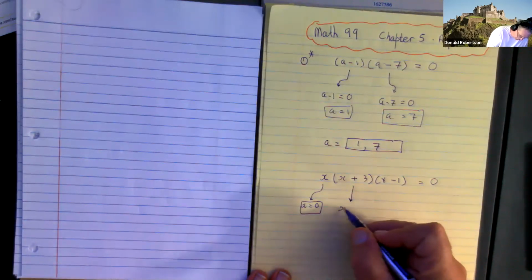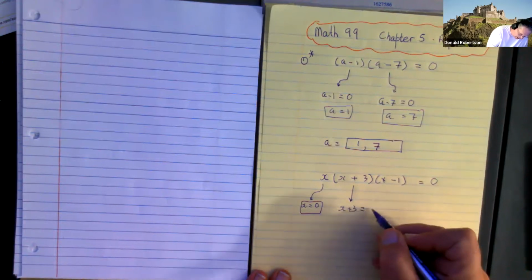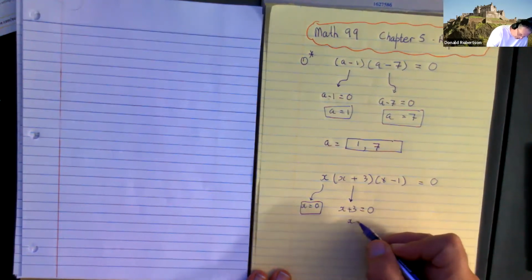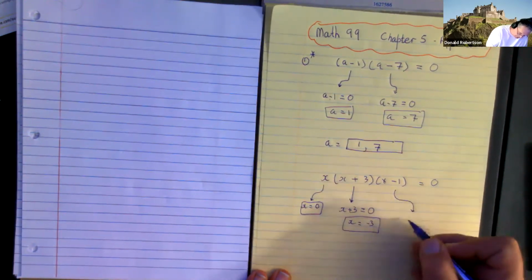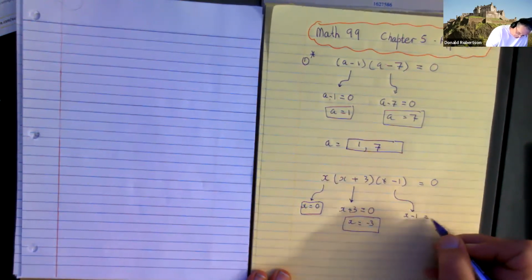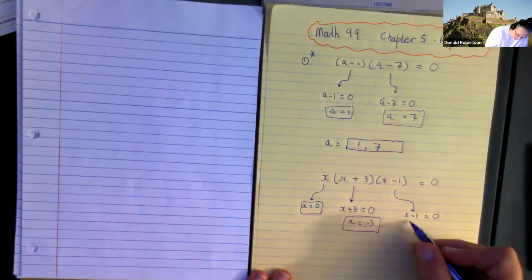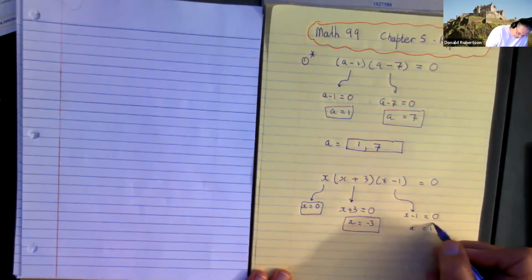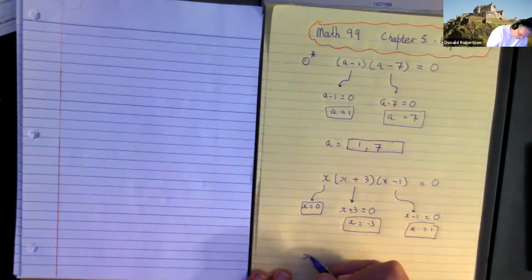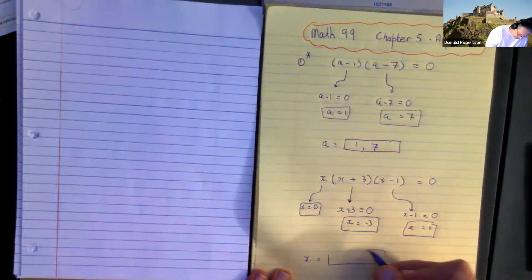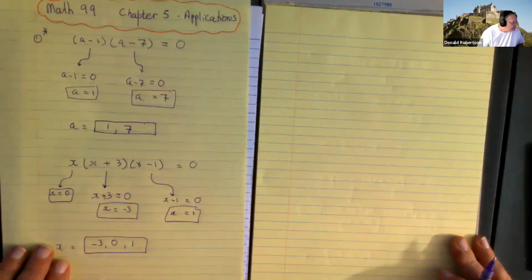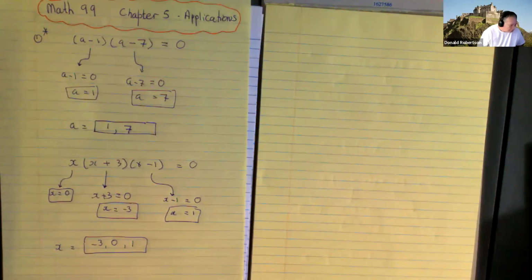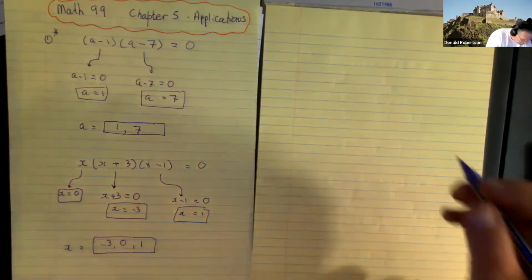In the second situation, you're looking for what makes x plus 3 zero, and you get that. And from this one, you are looking for what value of x makes that factor 0, and the answer to that is 1. And so your solution will be, in numerical order, -3, 0, and 1. So as you'd expect in a 3-factor multiplication situation, you're going to get 3 solutions.